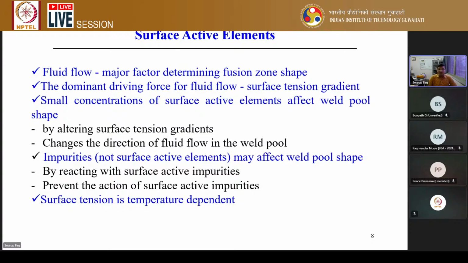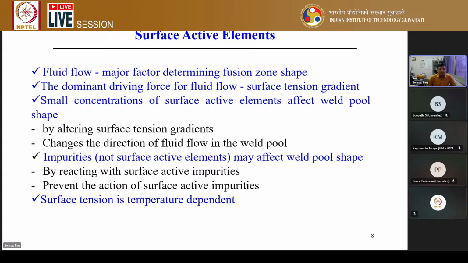Small quantities of elements such as sulfur or oxygen can be added, but only in adequate and very small quantities. Any quantity of sulfur or oxygen may not act as a surface active element. It is a very specific component or a very specific amount that changes the surface tension force and acts as a surface active element in the weld.